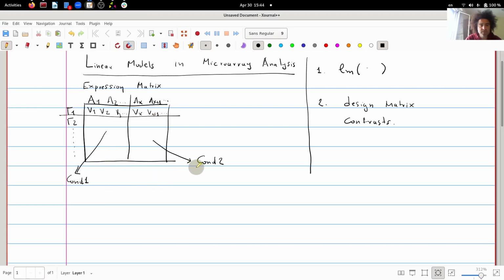Now usually in microarray analysis, since we have some conditions, we are interested in detecting which genes show different behavior between these two classes, and by different behavior I mean genes that, for example, are lowly expressed in this class compared to the other class, or highly expressed here compared to the other class.